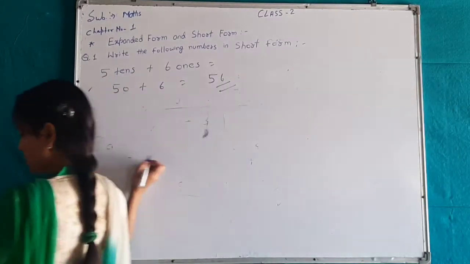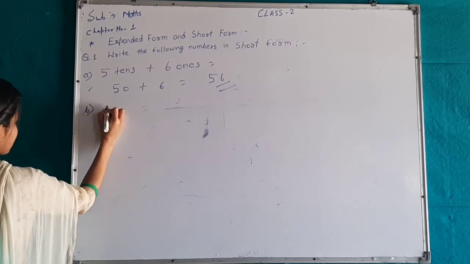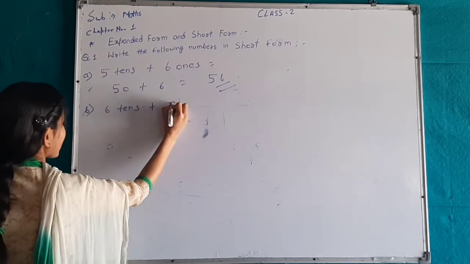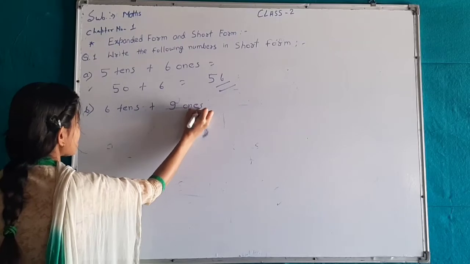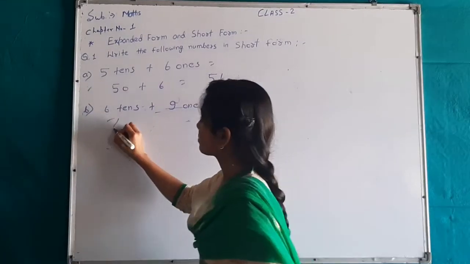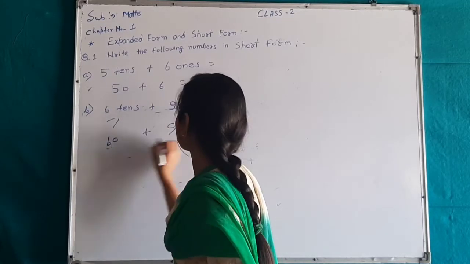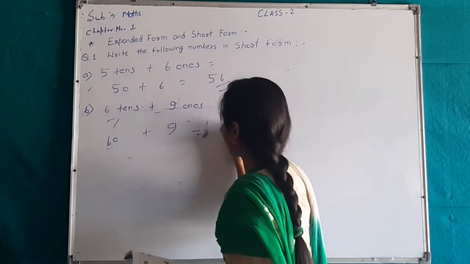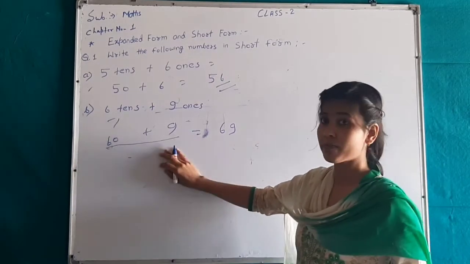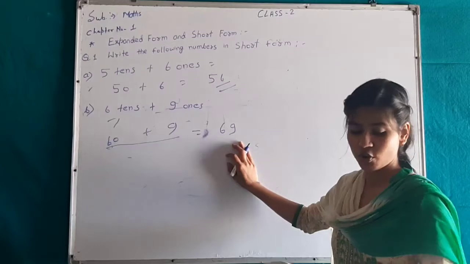Next question is 6 tens plus 9 ones. 6 tens plus 9 ones is our question. Then we write it: 6 tens means 60 plus 9 ones equal to 69. 60 plus 9 is our expanded form, and 69 is our short form.